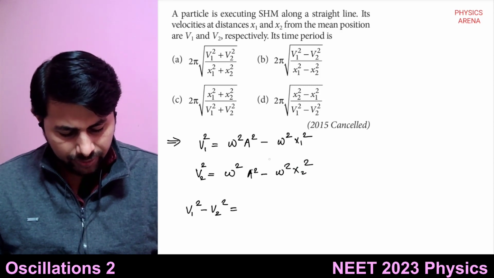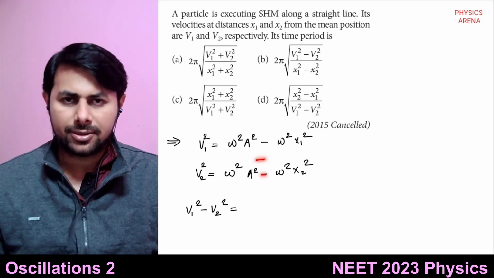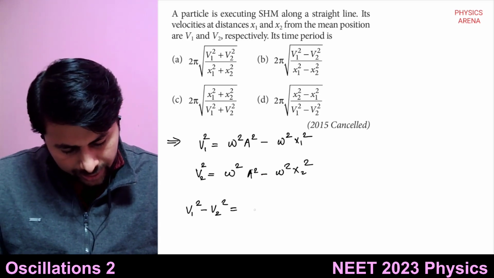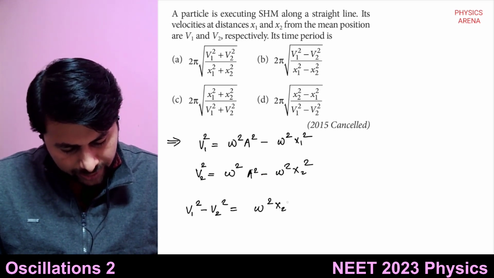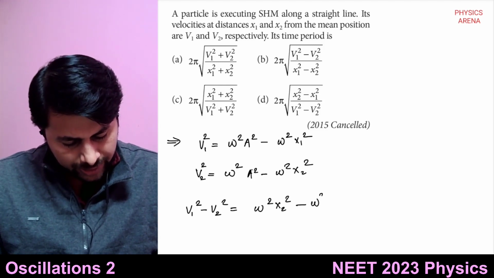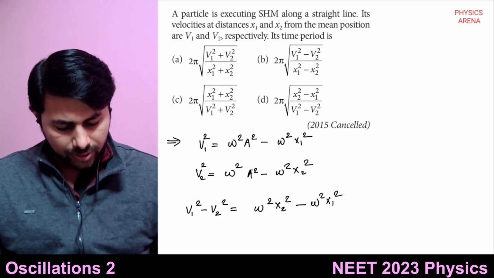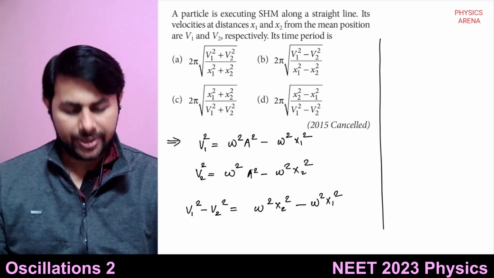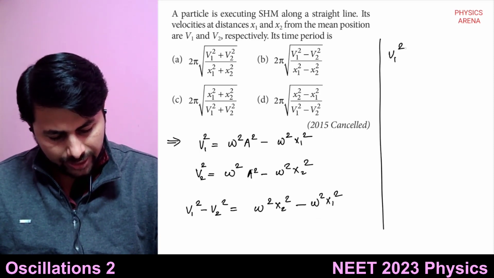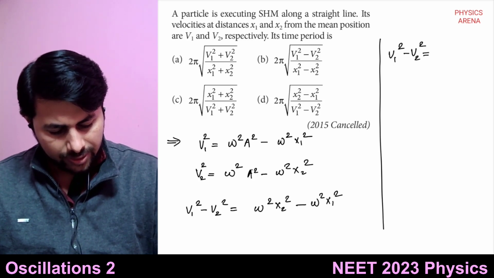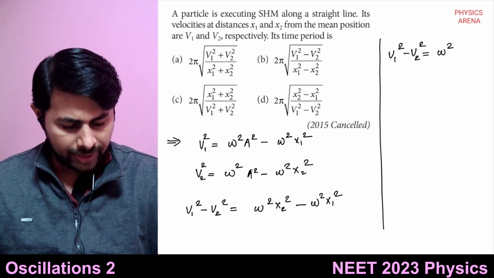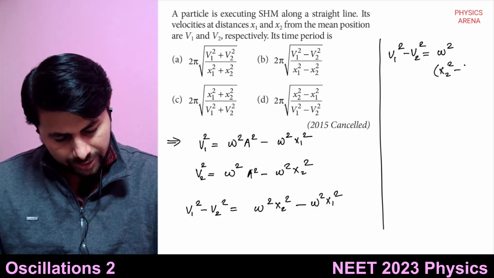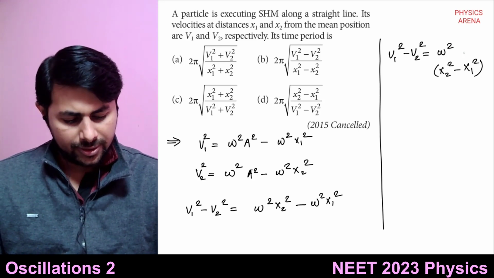Then minus of minus is positive, and it is omega square x2 square minus omega square x1 square. We can take omega square common. So v1 square minus v2 square equals omega square multiplied by x2 square minus x1 square.